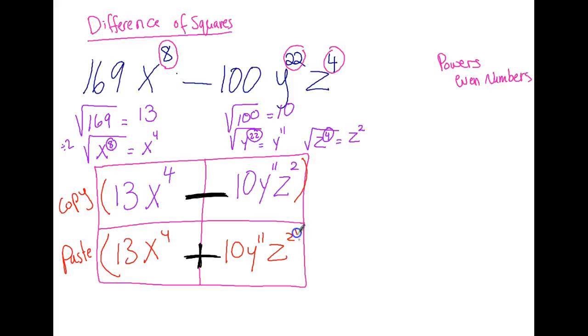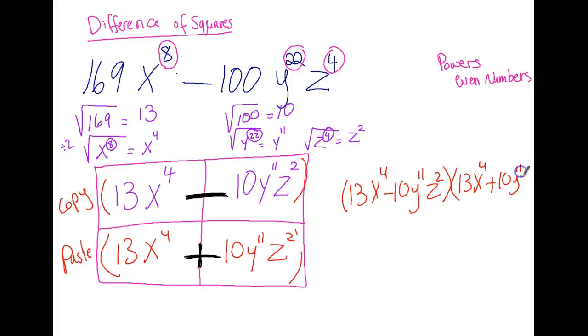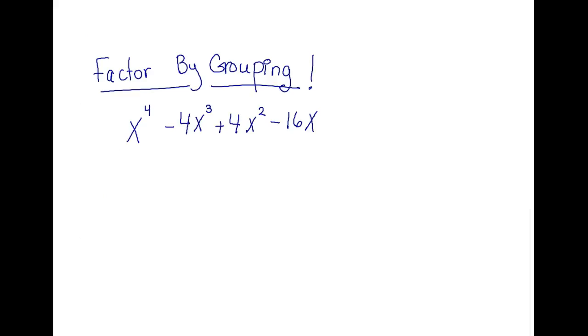That's my second parenthesis. Copy them nicely. So 13x to the 4th minus 10y to the 11th z squared, times the same exact parenthesis plus 10y to the 11th z squared. And you're done.